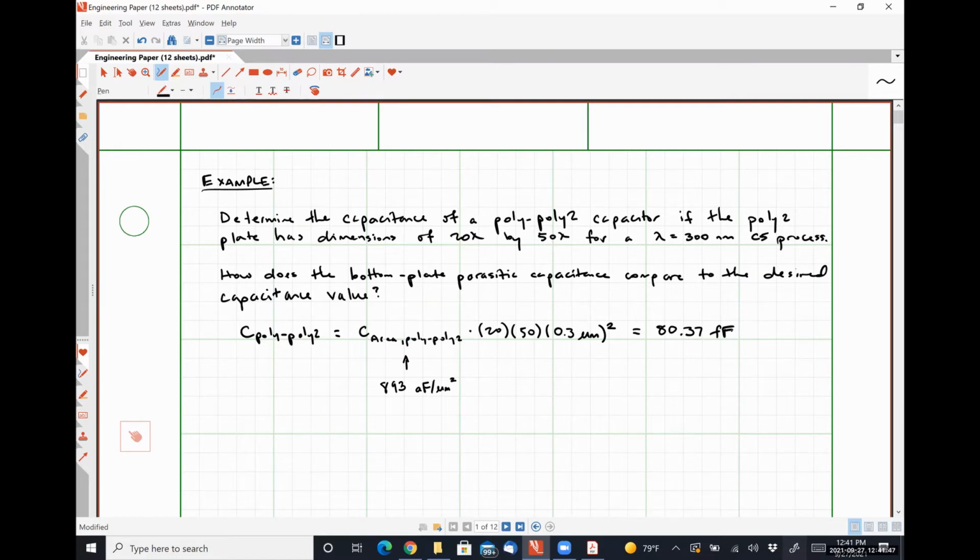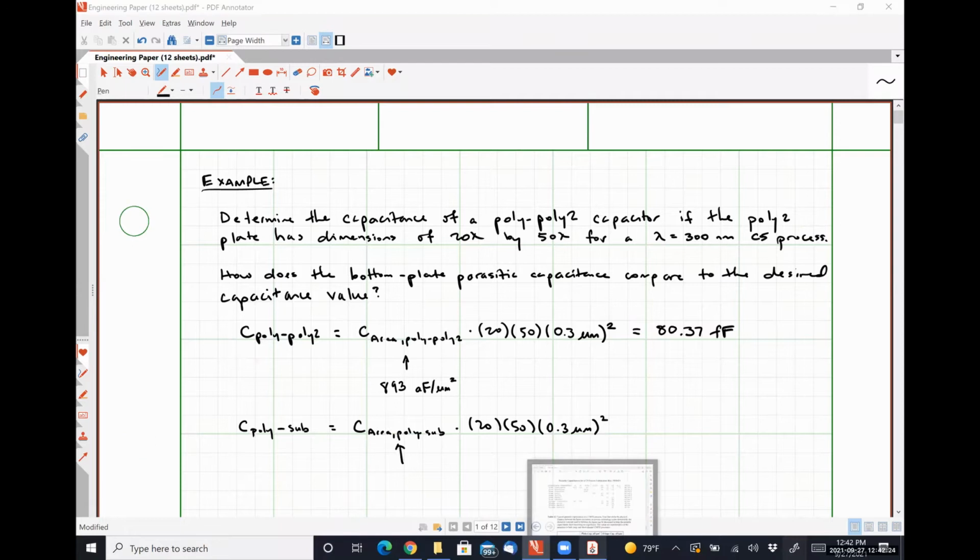For our parasitic capacitor, that's formed between the poly layer and the substrate, we'll still have that area, but now we're looking between poly and substrate, and we're going to use the exact same size for our plate, 20 lambda times 50 lambda.